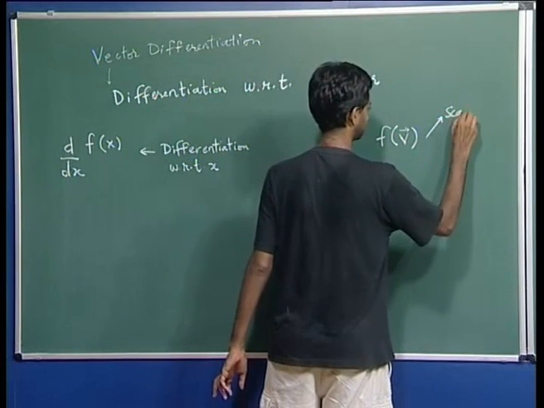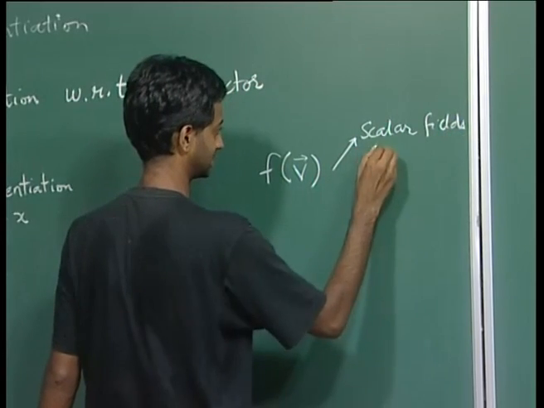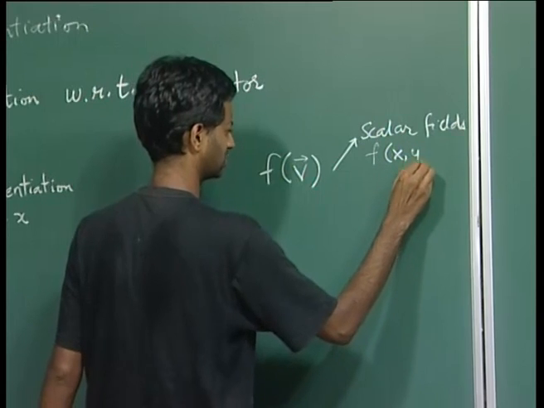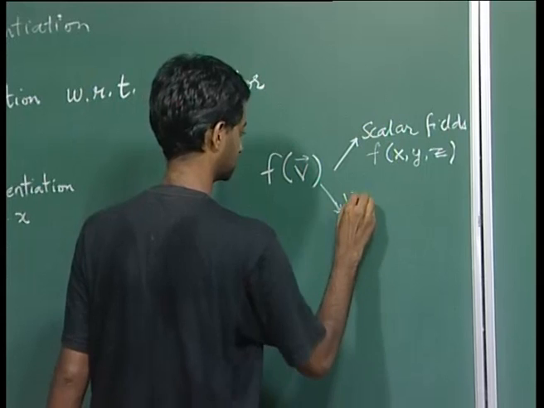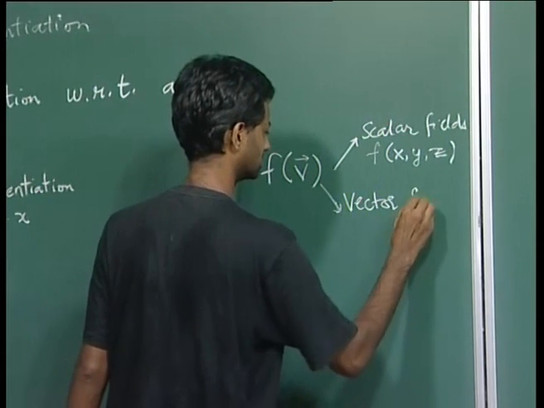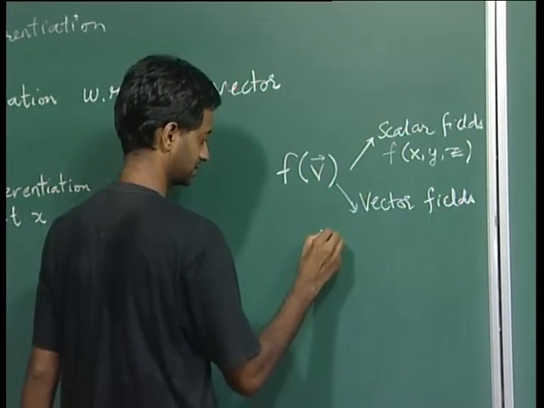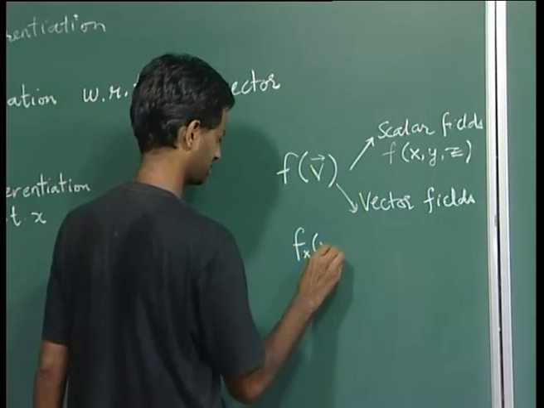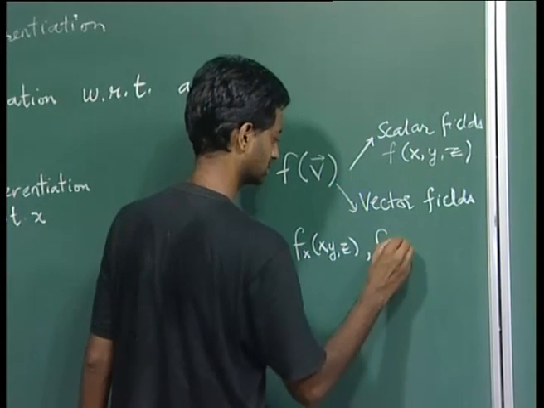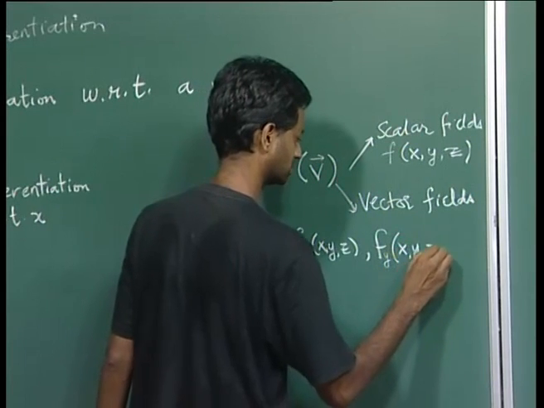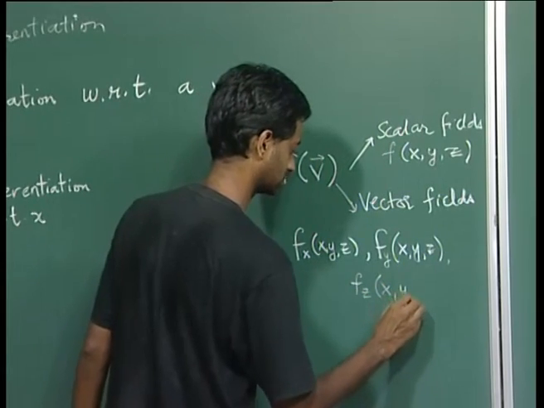One are called the scalar fields, so for example f of x, y, z, and the other are the vector fields, and these are of the type f x of x, y, z, f y of x, y, z, and f z of x, y, z.